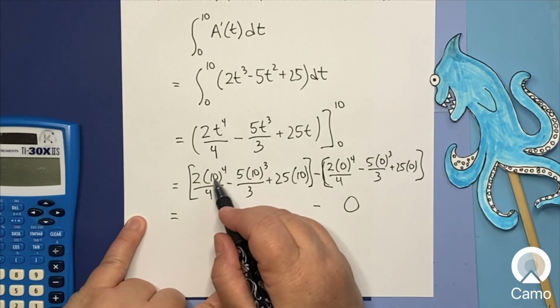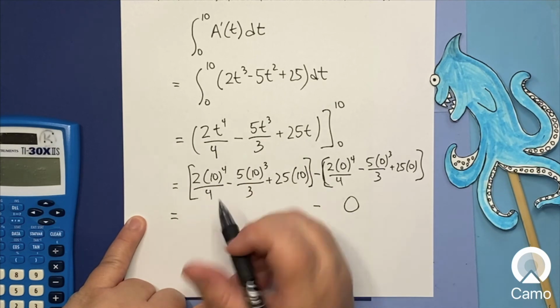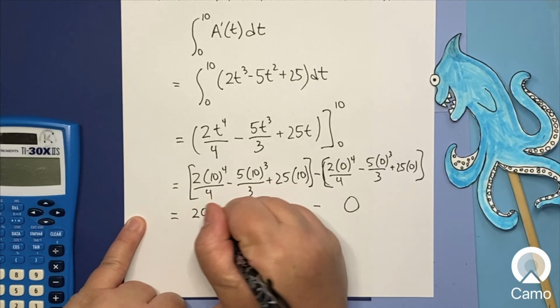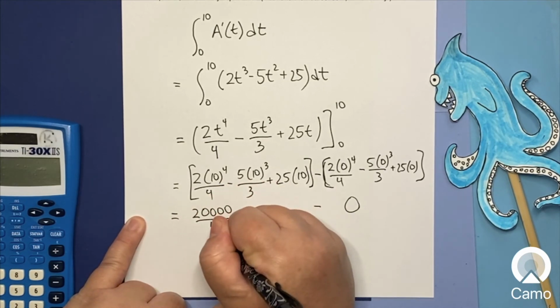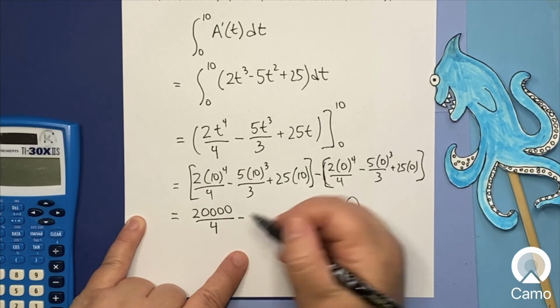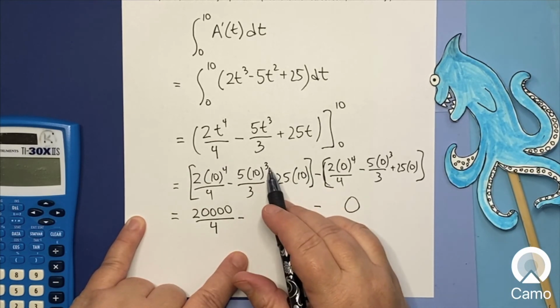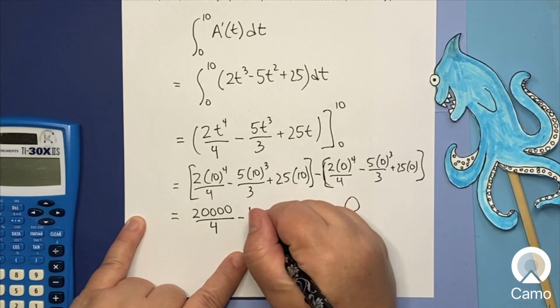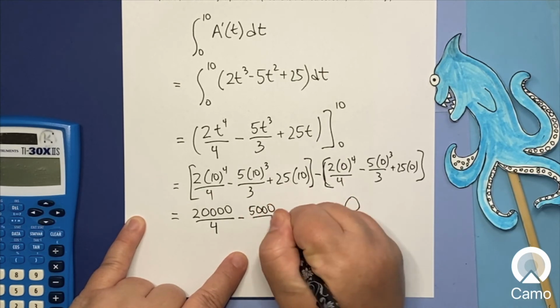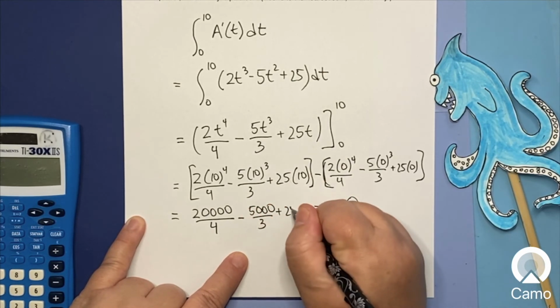Okay, so this 10 to the fourth times 2 is a 2 with 4 zeros. Minus 10 cubed is 1,000 instead of 10,000. So this is 5,000 thirds plus 250.